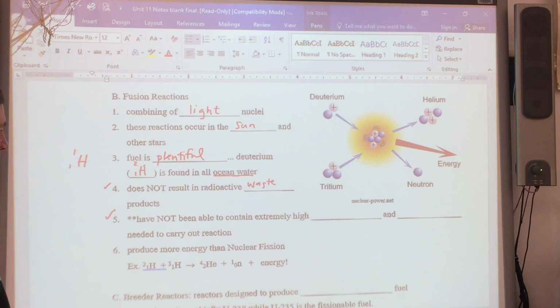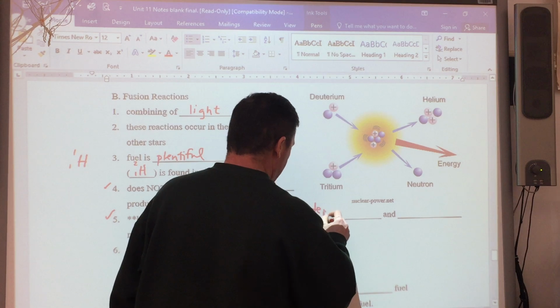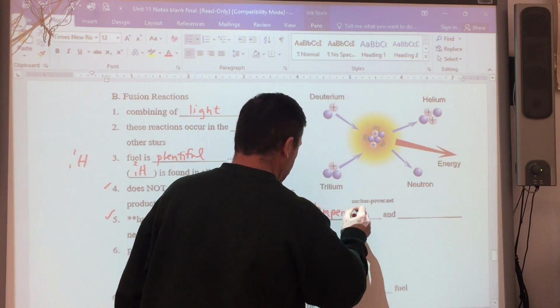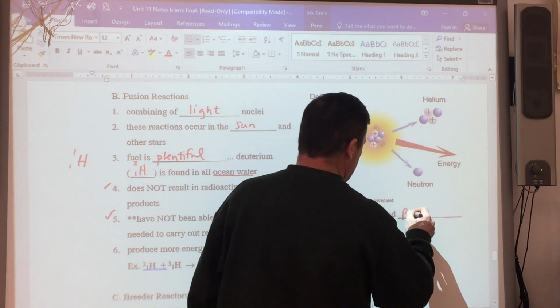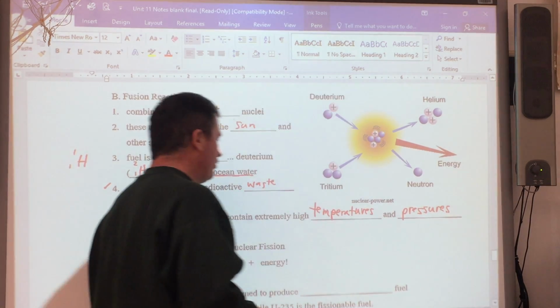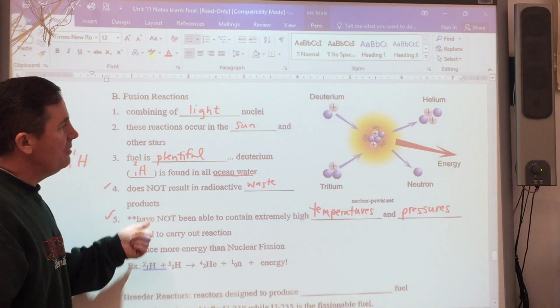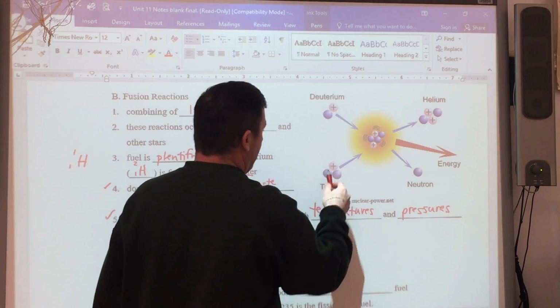So we have not been able to contain extremely high temperatures and pressures. Both of these things have to be there in order for these atoms to come together.